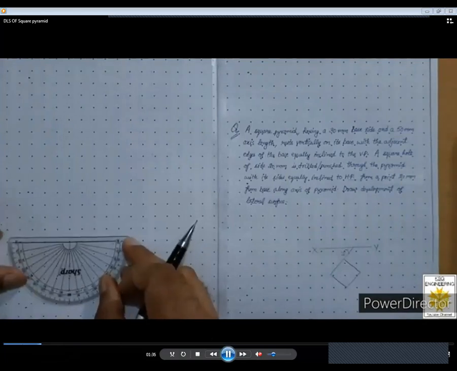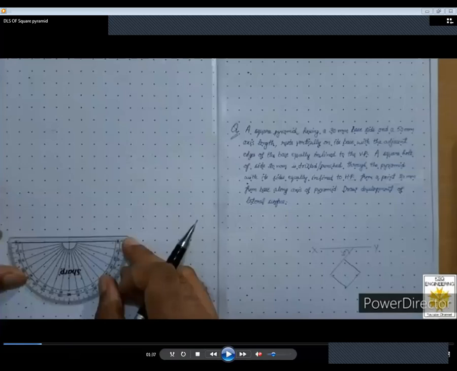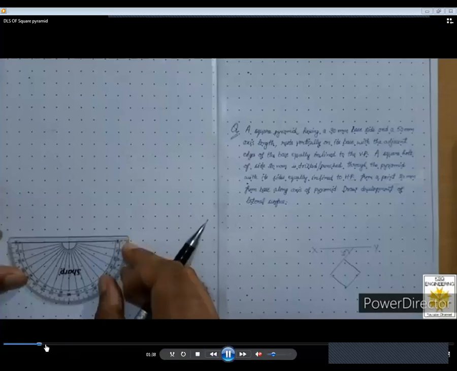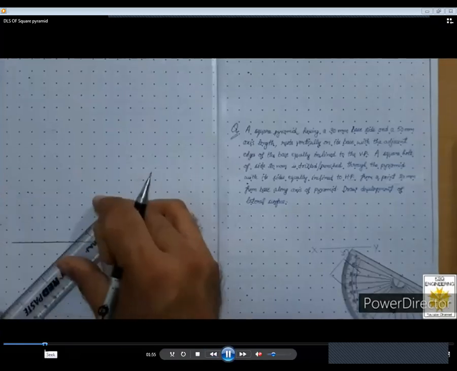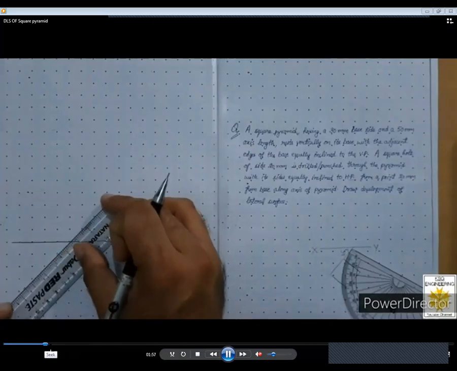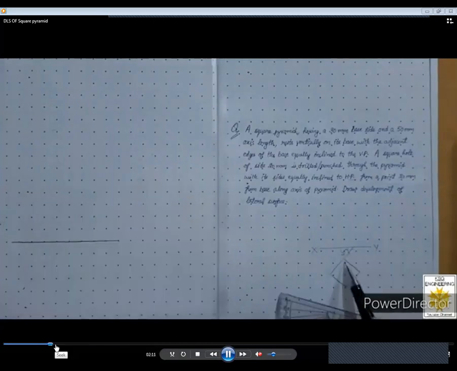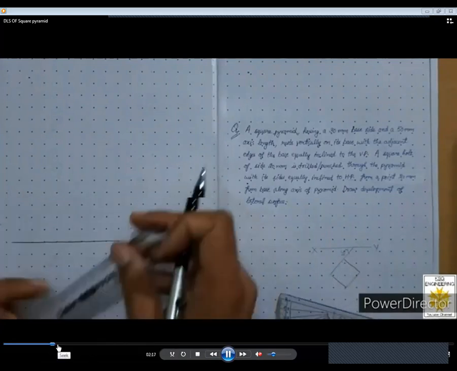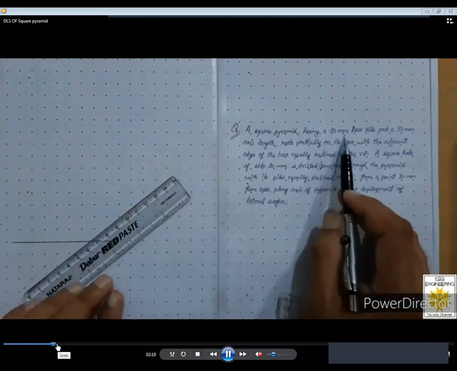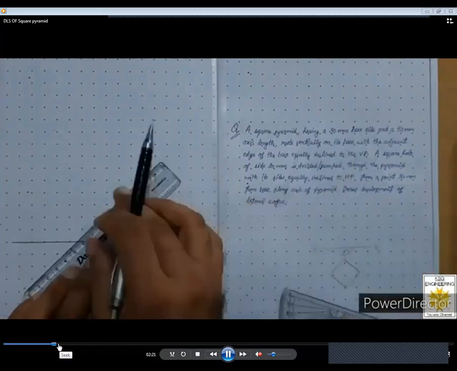First of all, draw one XY line. And in top view, we have to draw a square which is equally inclined to VP.